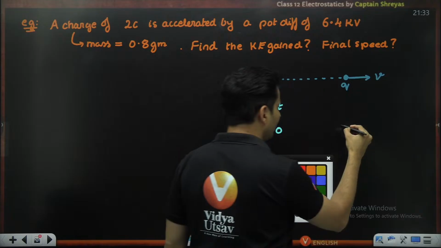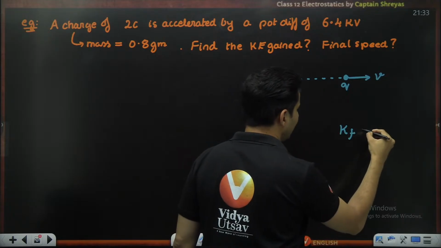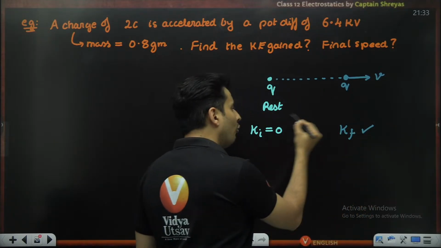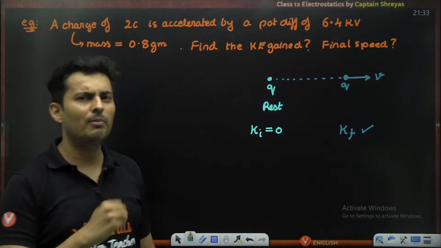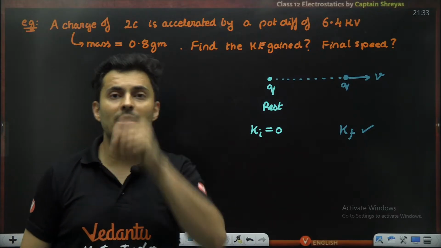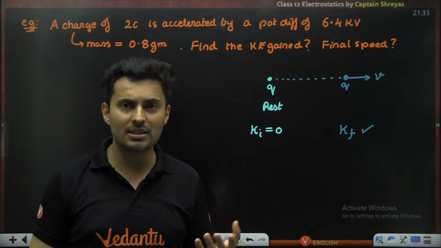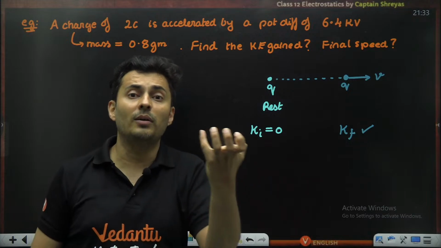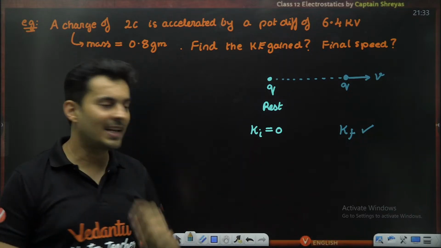But over here, the kinetic energy finally is there. So where did this kinetic energy come from magically? It can only come from one place. If you remember the work, power, energy chapter, the loss of potential energy. Exactly.